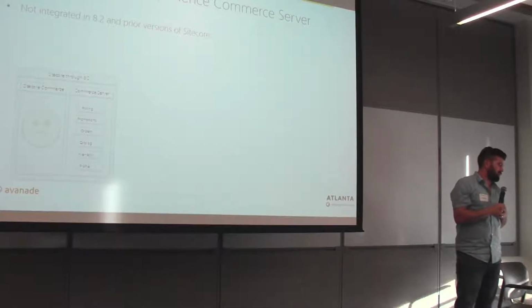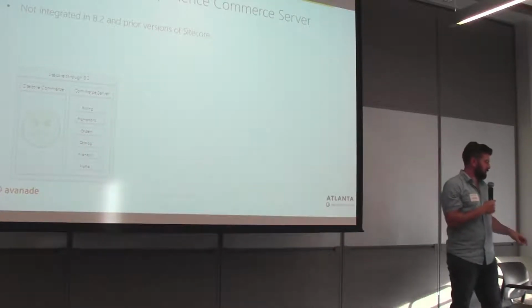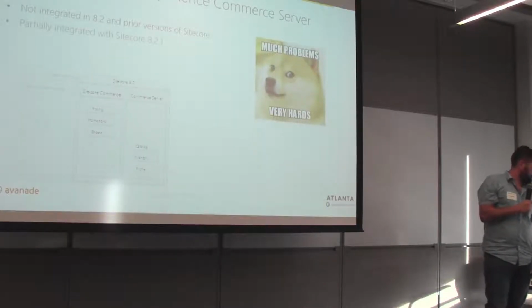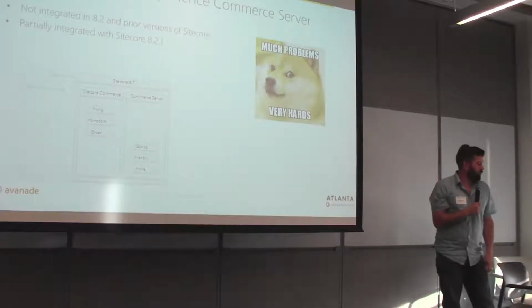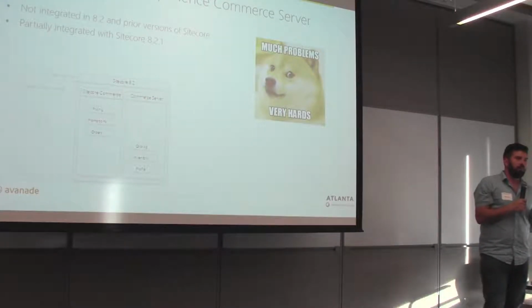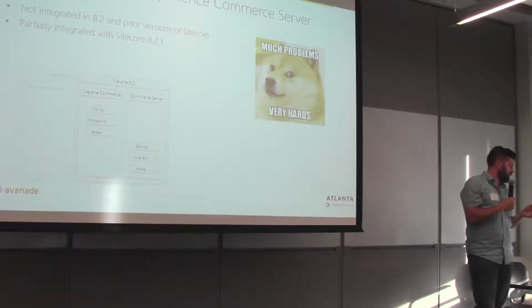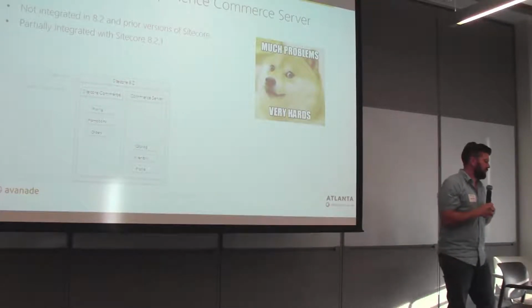The different services that Commerce Server itself offered, so the pricing, the orders, the cart, all that stuff, all done through Commerce Server, none of it done in Sitecore. So as we advance, when we look at 8.2.1 Sitecore, then we're starting to get some of those services integrated with Sitecore, and that's when Sitecore Commerce was really introduced as far as Sitecore goes.